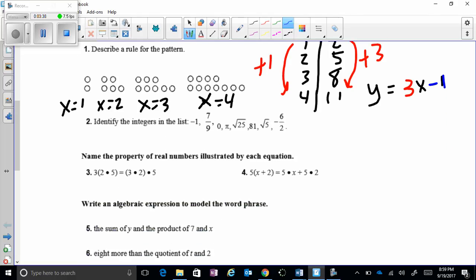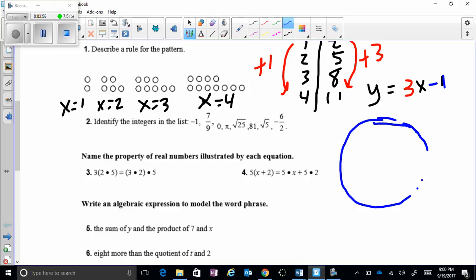Okay, next is the types of real numbers, all the sets of real numbers that we have. When we talked about this in class, we had a Venn diagram to help us understand. So I'm going to just abbreviate over here.